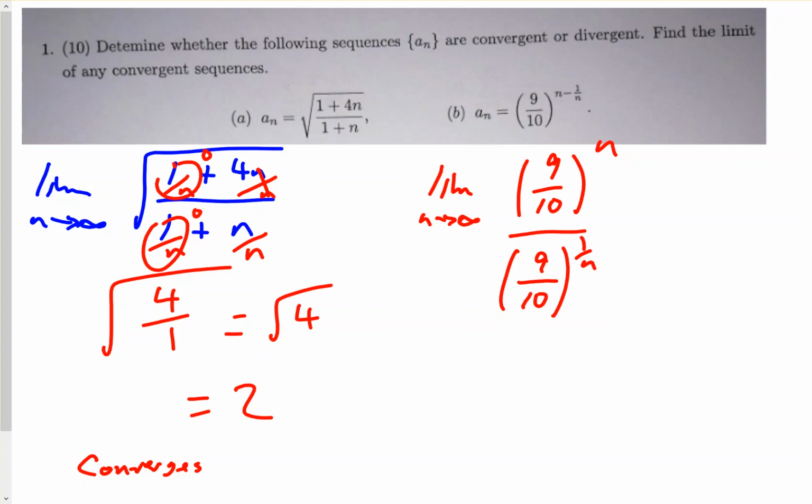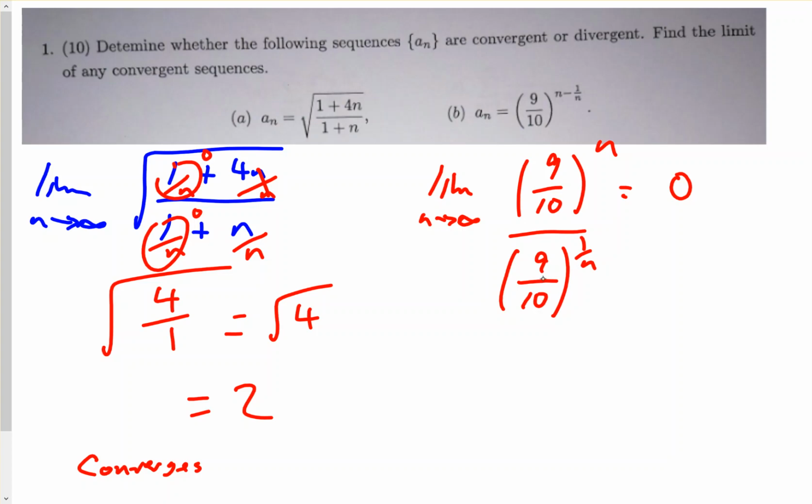So if we take the limit of the top, we have 9/10 to the n. As n gets really big, this is geometric where we have a number less than 1, right? So if the number is less than 1, the limit is 0.